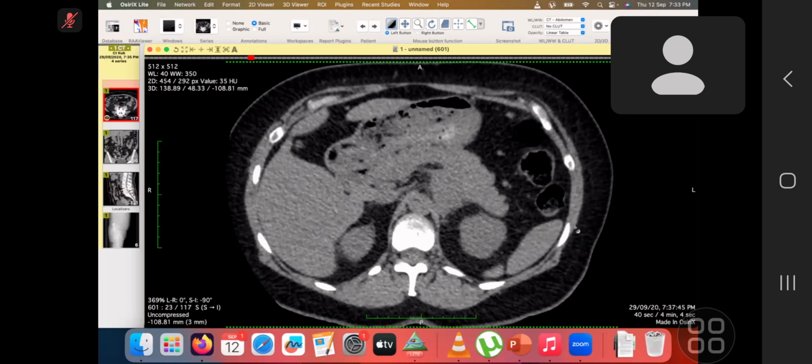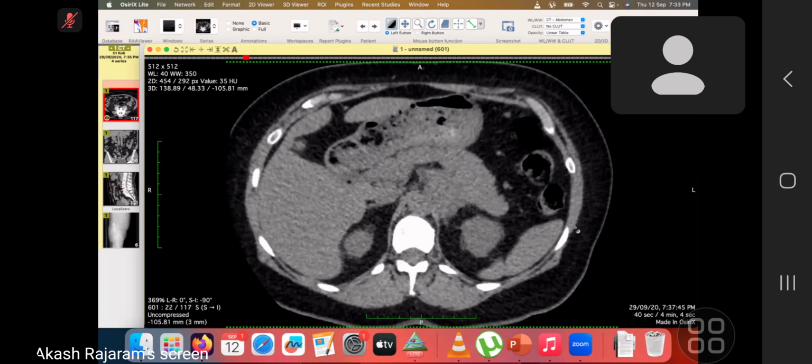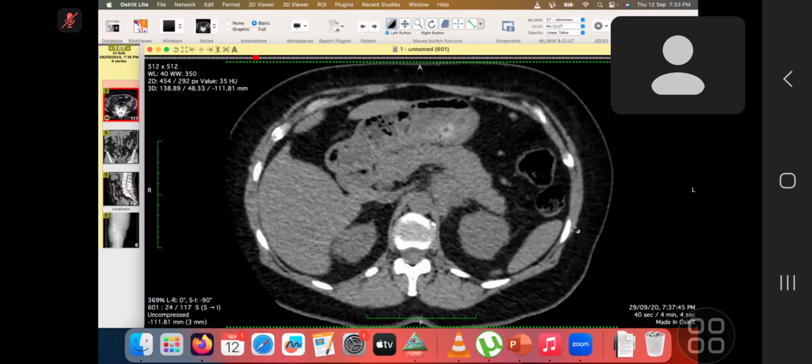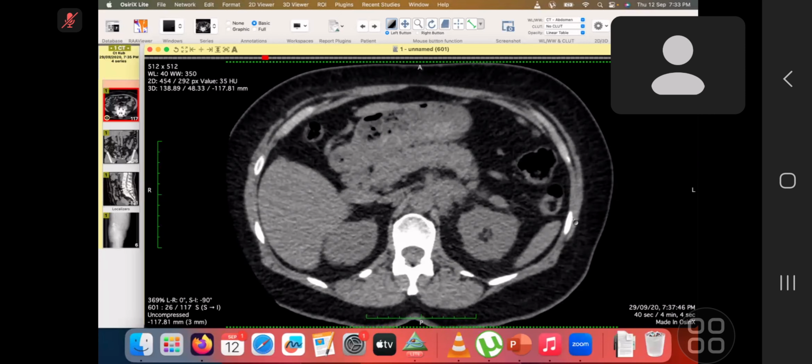And I'm looking through the adrenal gland on the same side. So I cannot appreciate it. I will just scroll a little bit up.